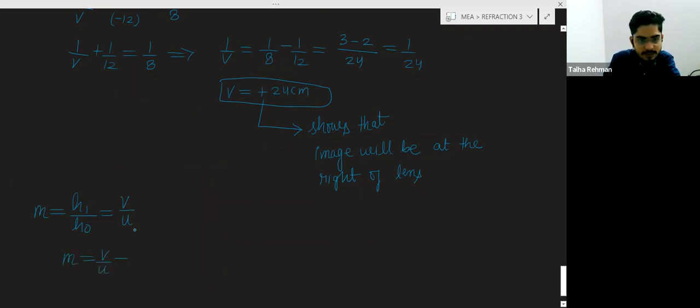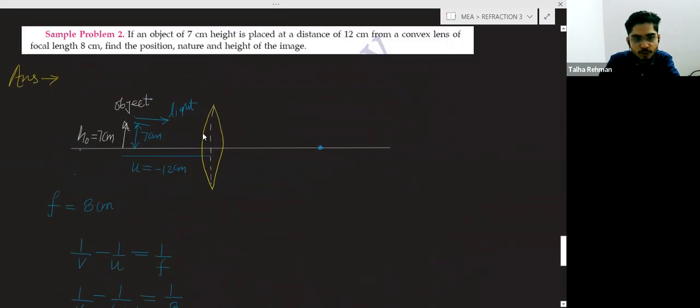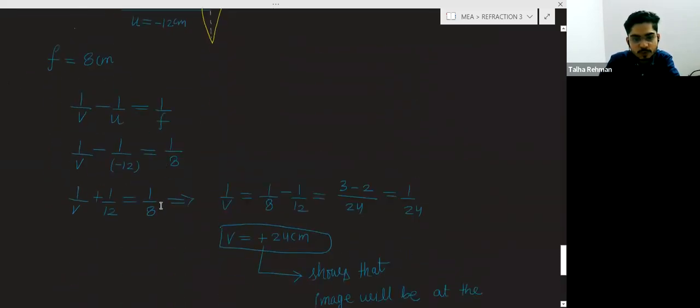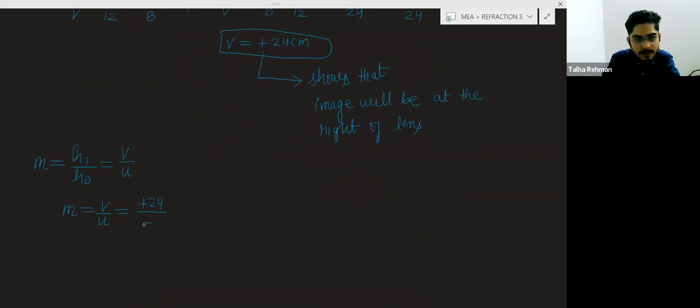First calculate this. The v you have is plus 24, and u you have is minus 12. So put here the minus 12. This will become minus 2.